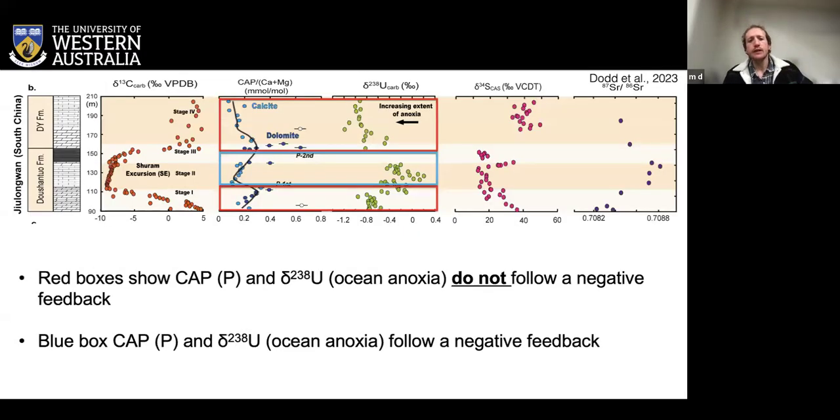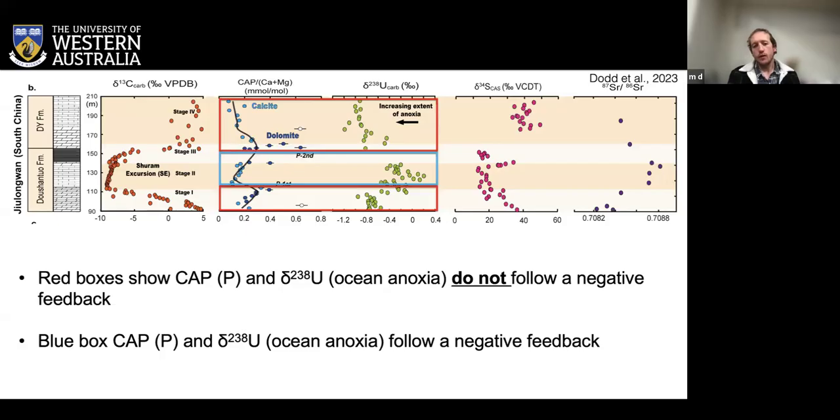So what's really interesting about this data is the fact that we see elements of this redox-dependent P burial happening during the Shuram excursion. But what we see either side of the excursion is really very interesting.